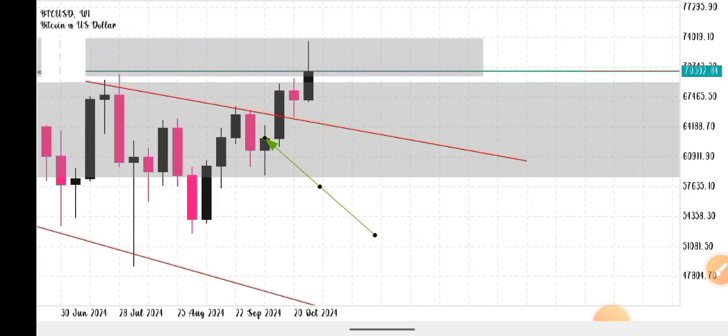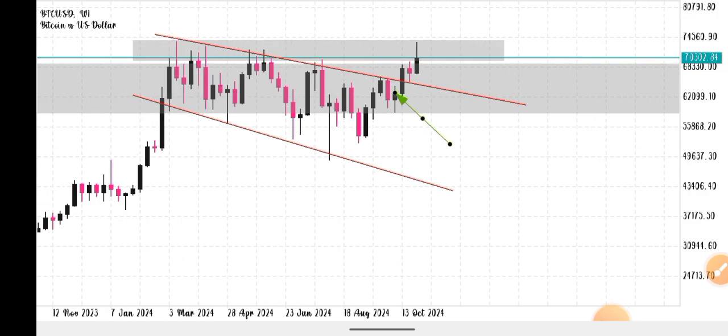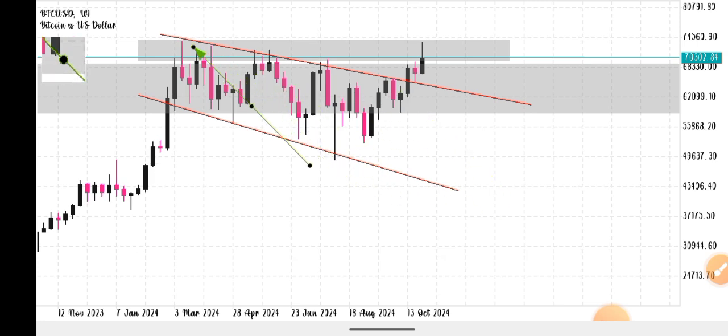Okay, we had our first touch of the trend line, second touch, third touch, fourth touch, fifth touch, and after the fifth touch of the trend line, a weekly candle broke. The weekly candle broke, telling us that we are going upwards. Also supporting the fact that a monthly candle also broke out of this zone too.